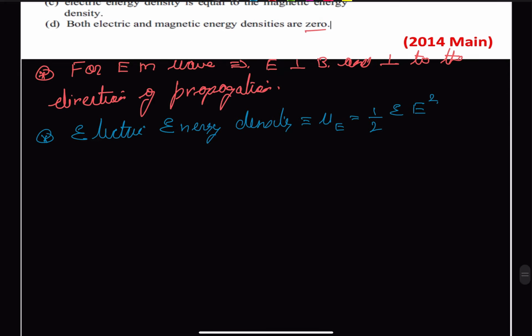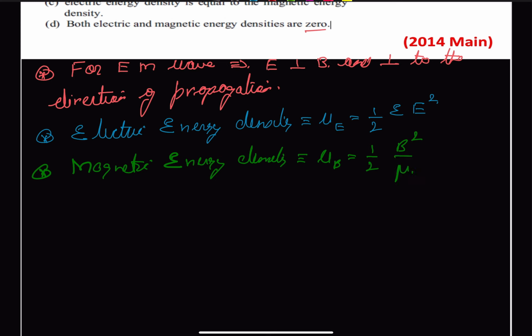Similarly, we can write the magnetic energy density, that is U B, equal to half B square upon mu.